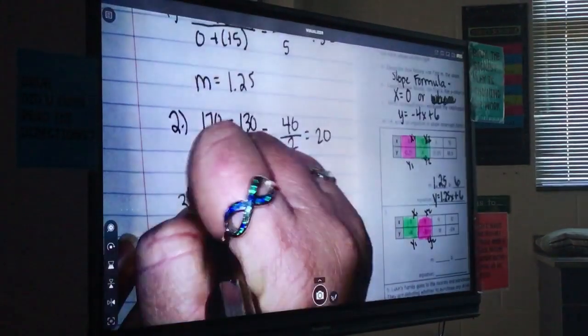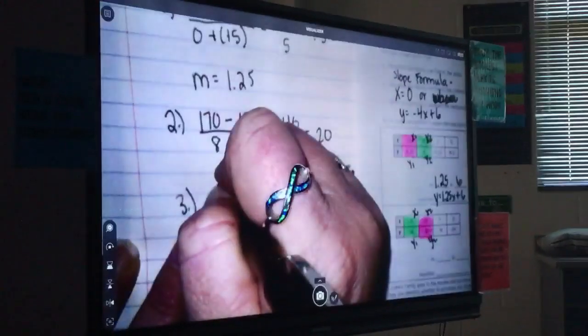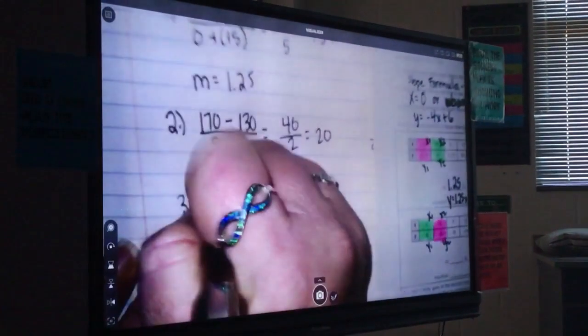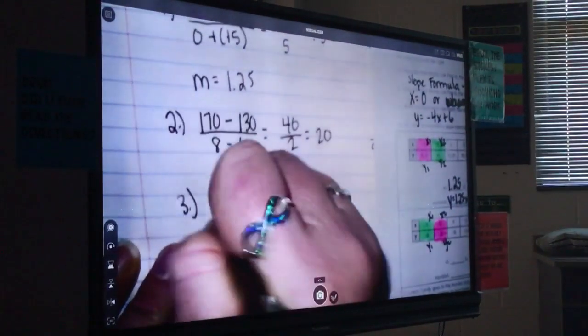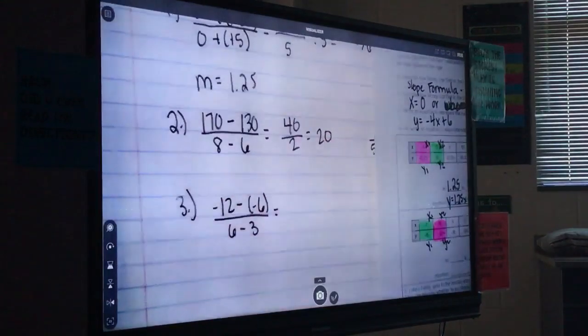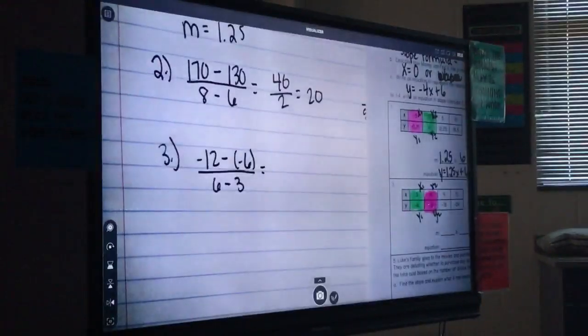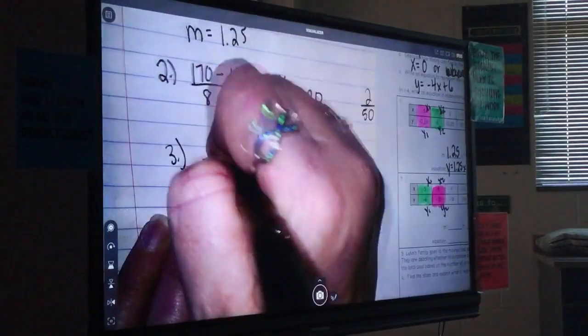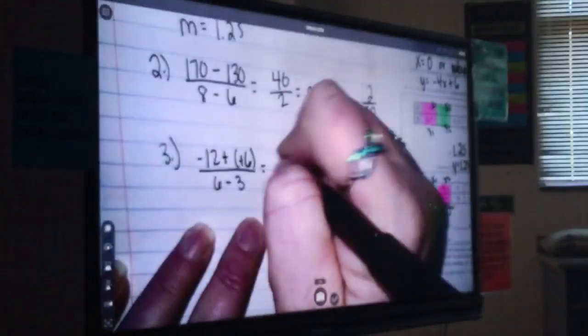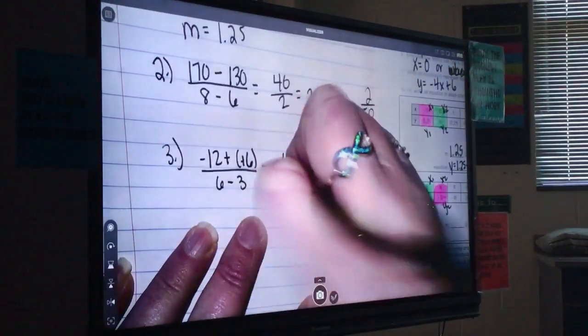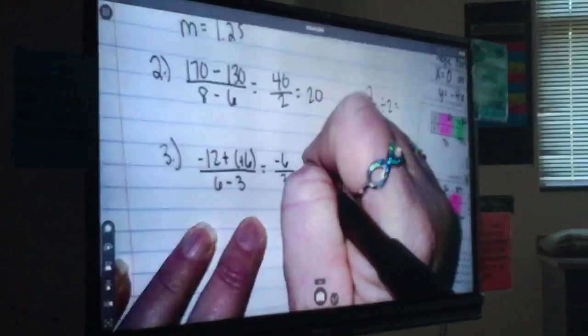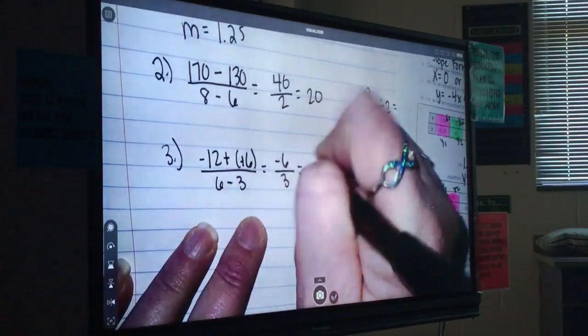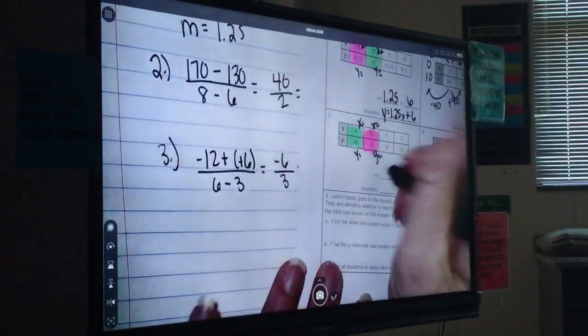So I'm going to do negative 12 minus negative 6, and I'm going to do 6 minus 3. What do I do next, Audrey? You keep change, and you get negative 12 plus 6, and that gives you negative 6. And then 6 minus 3 is 3, so you have negative 6 over 3, and that gives you negative 2. Okay, so that's your slope. So my slope is going to be negative 2.